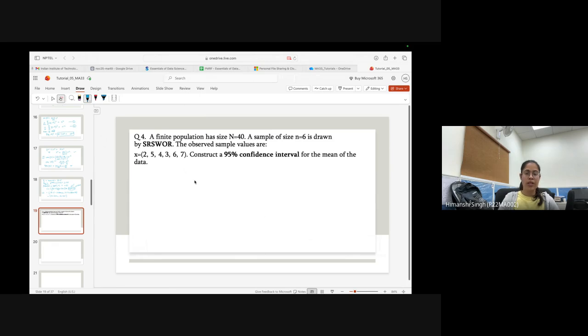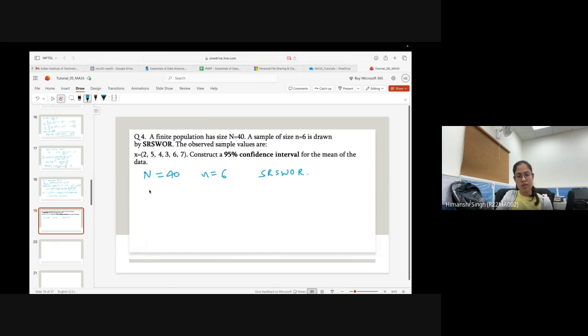Okay, so here in the question, a finite population of size 40 is given. A sample of size small n equals 6 is drawn by simple random sampling without replacement. So first of all, the capital N is 40 and small n is 6, and the technique is simple random sampling without replacement. Now the observed sample values are given, and I want to construct a 95% confidence interval.